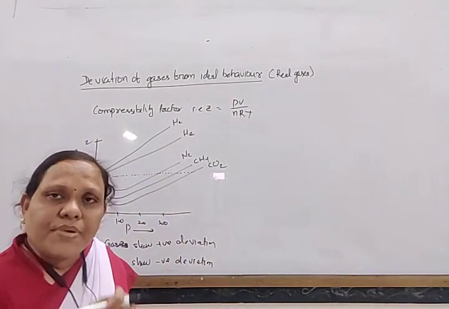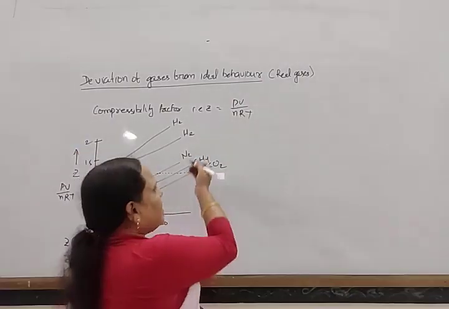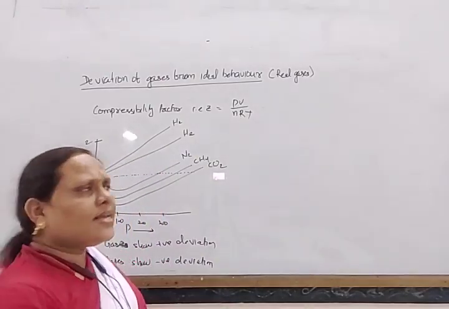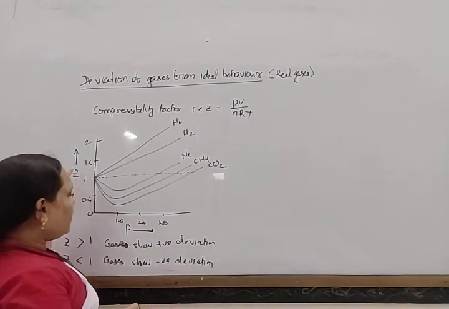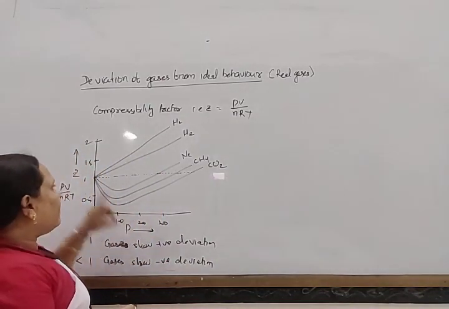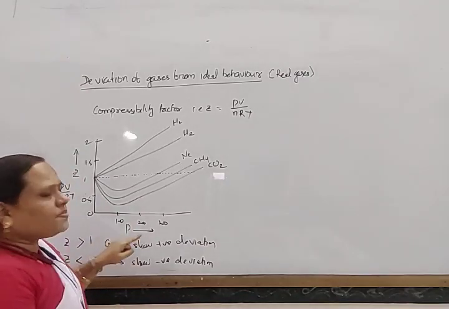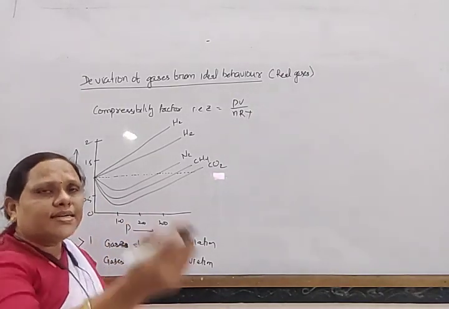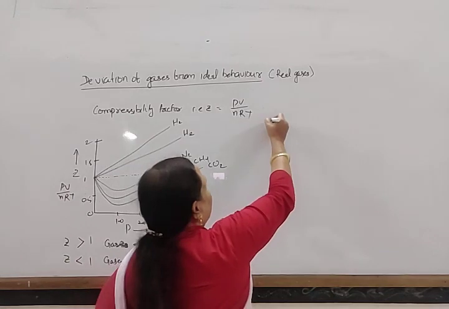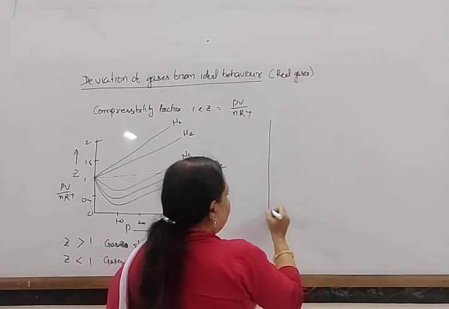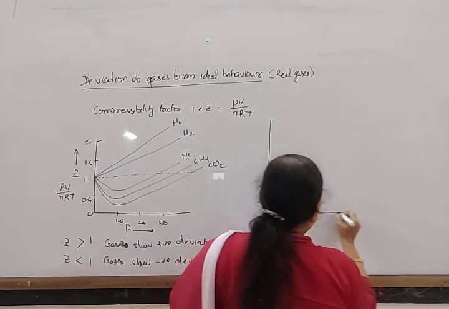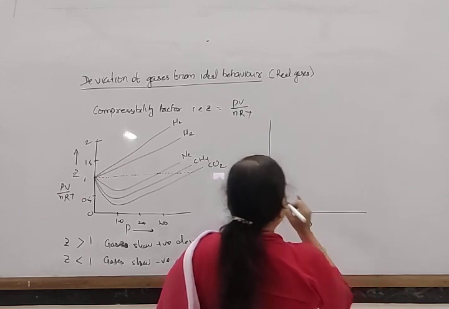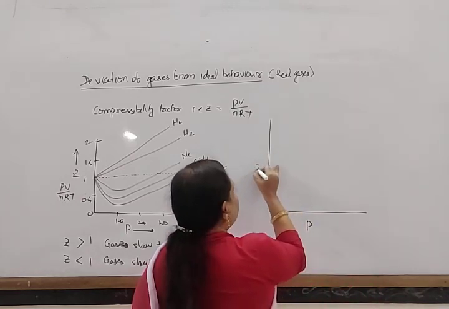To know the effect of temperature, another gas is taken, nitrogen gas, and the graph of compressibility factor versus pressure is drawn at different temperatures. Look here, pressure is taken here and Z is taken here.